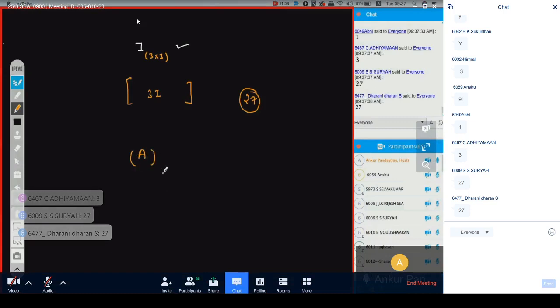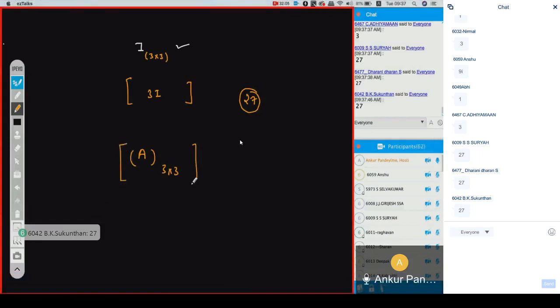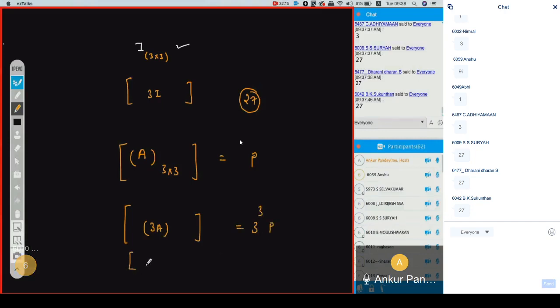If A is a 3 by 3 matrix and determinant of A is P, then determinant of 3A will be 3 cube P. Determinant of 4A will be 4 cube P. Got it?